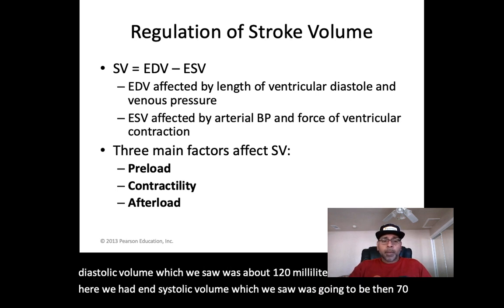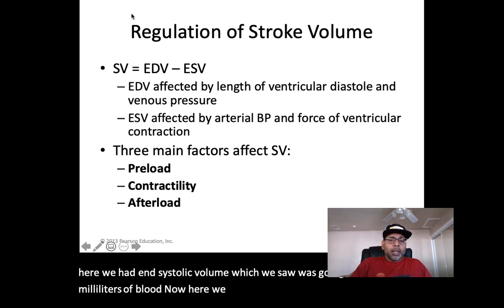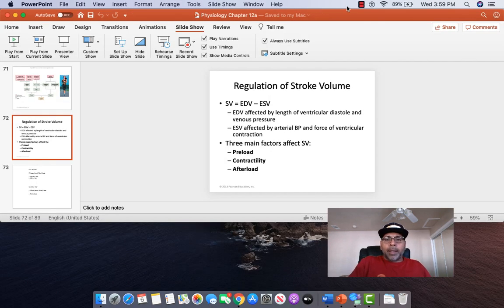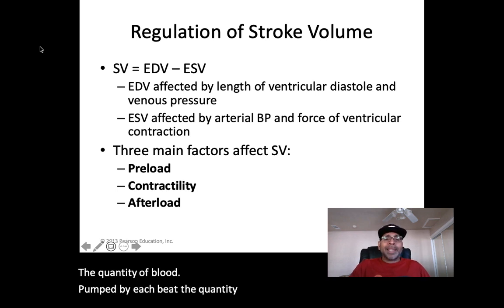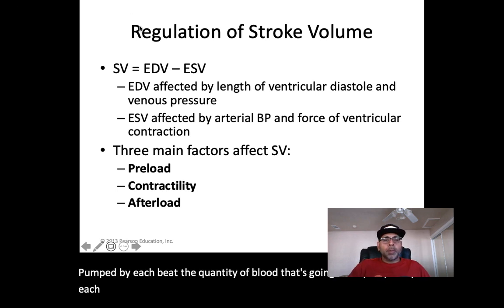Now here when we go through and we talk stroke volume and heart rate, here we could see stroke volume. So we consider stroke volume to be the quantity of blood pumped by each beat. So stroke volume is equal to end diastolic volume minus end systolic volume.